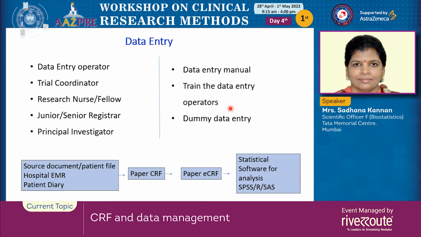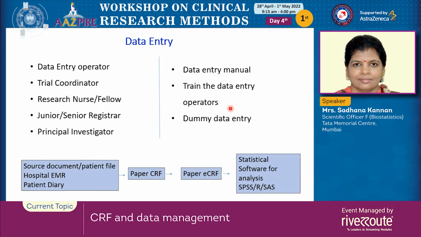Trial coordinators sometimes will be familiar because they work with the team, but data entry operators should be clearly given the CRF with all the values entered. If you ask them to infer some data, they will not be able to. So whenever you're capturing from source data to CRF, don't leave the job to a data entry operator, although he or she may be trained well, it has to be done under supervision. Okay. So that is one thing.